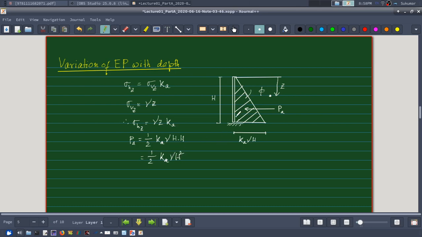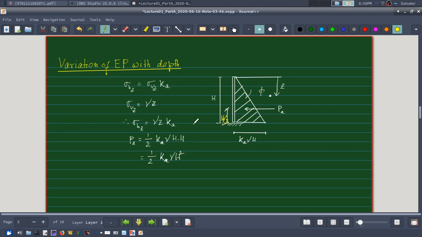And the total earth pressure will act at the CG of this earth pressure diagram. Therefore its height will be how much? Its height will be h by 3, because the CG of a triangle is at one-third height, right? Therefore this will be h by 3.